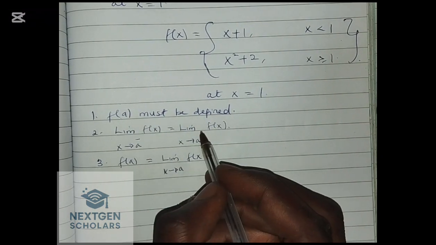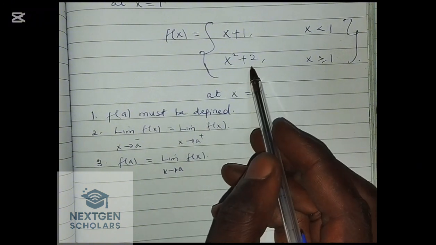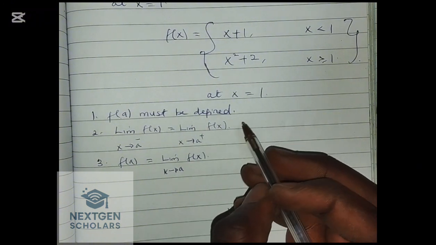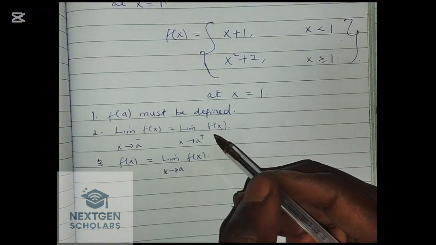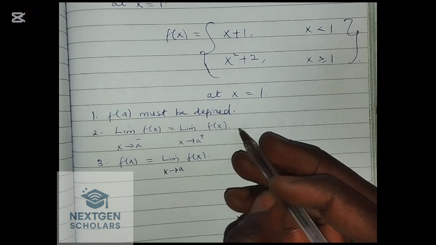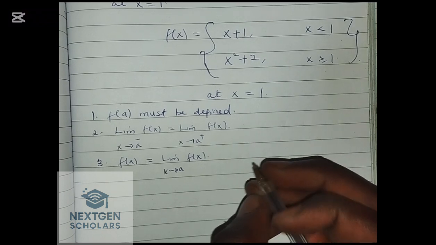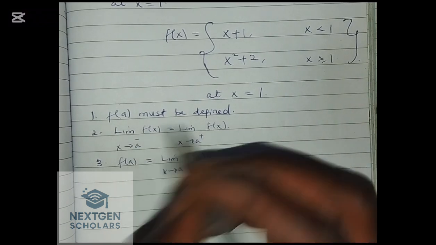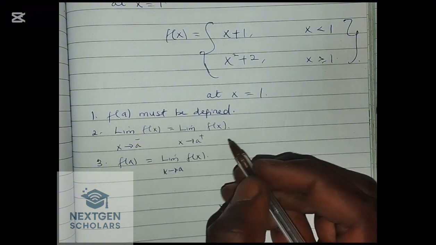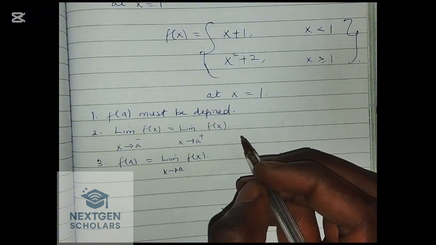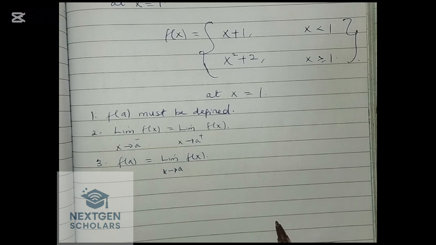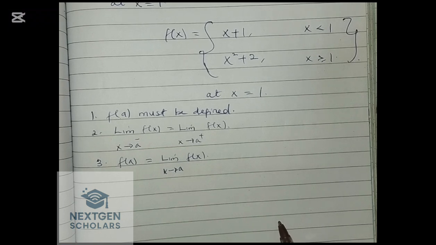Now in this question I will be explaining what we call the jump discontinuity. So when do we say a function is at a jump discontinuity? Now let us first of all evaluate this function and see if it is discontinuous.